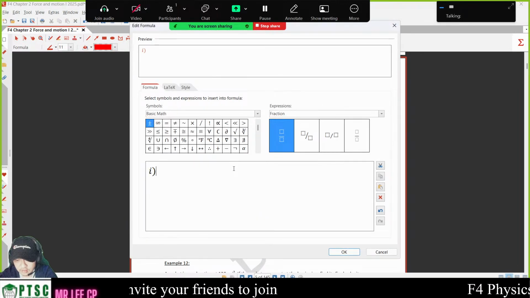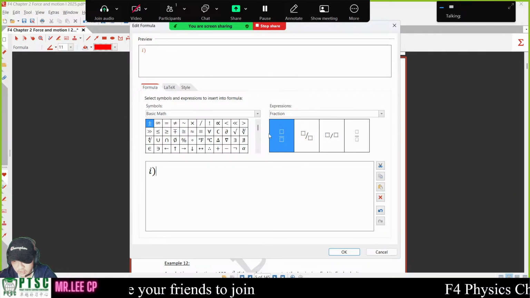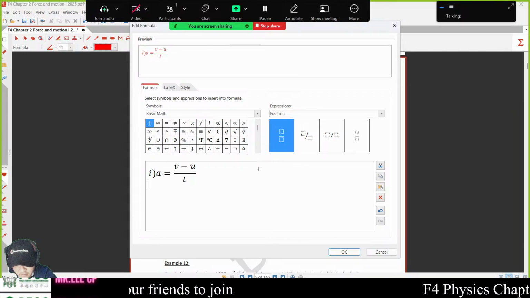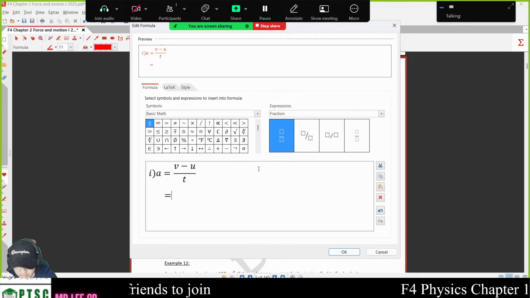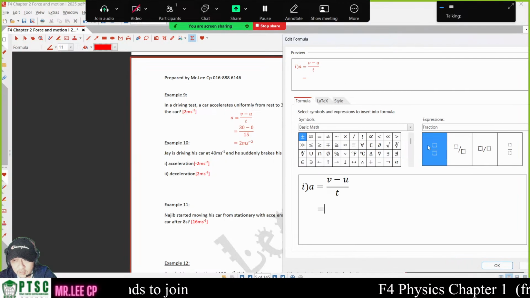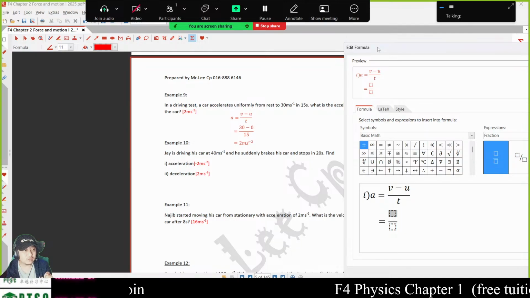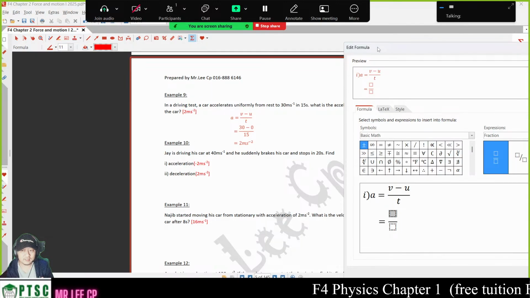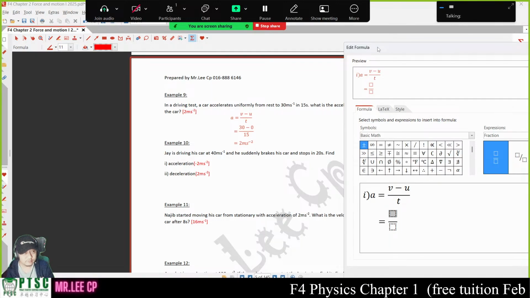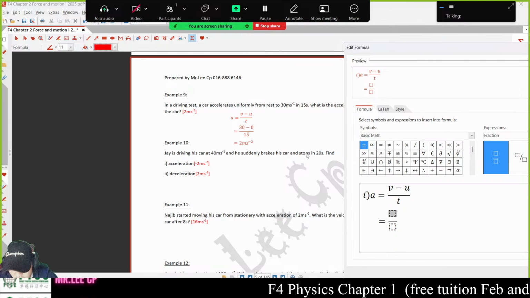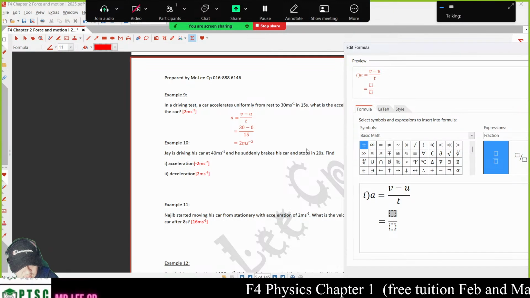So a is equal to v minus u over t. Acceleration I don't know. The question is asking me. For v, final velocity: you are driving 40 right now and then stop. This stop tells you the final velocity is 0.